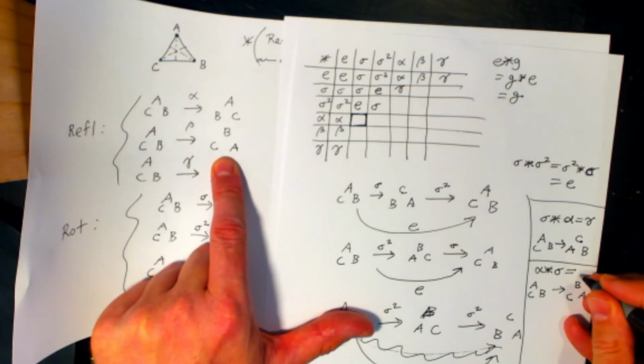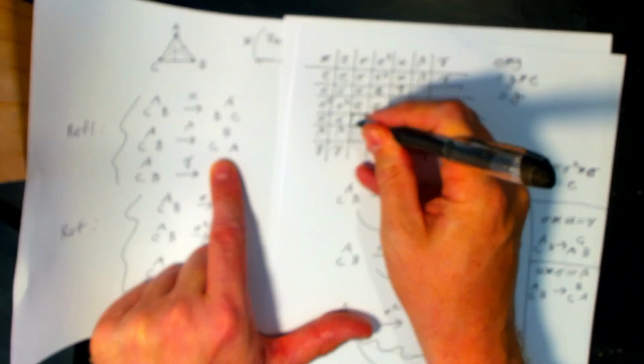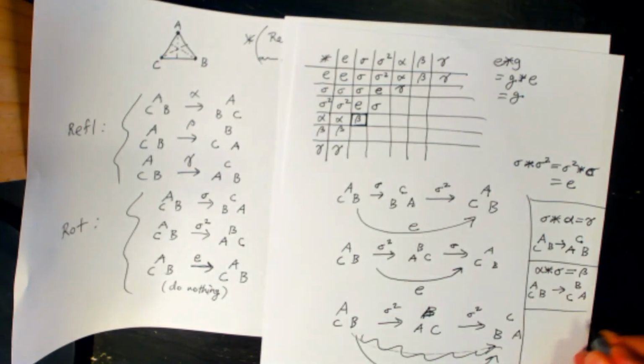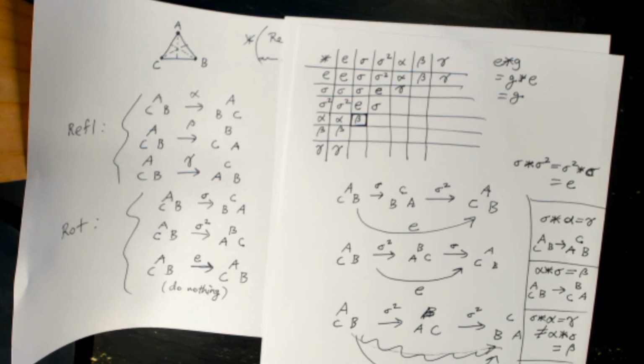That's beta. So then we see that sigma combine alpha gives gamma, but that's not the same as alpha combine with sigma, which gives us beta. So not abelian. It is a finite group, but that group is not abelian.